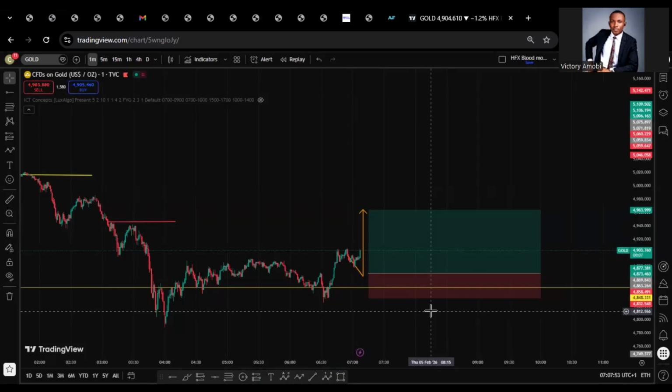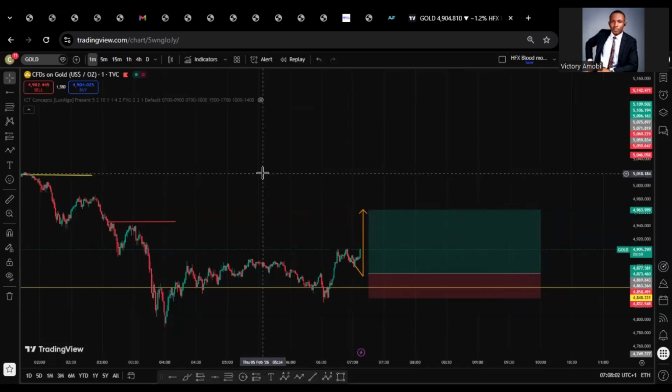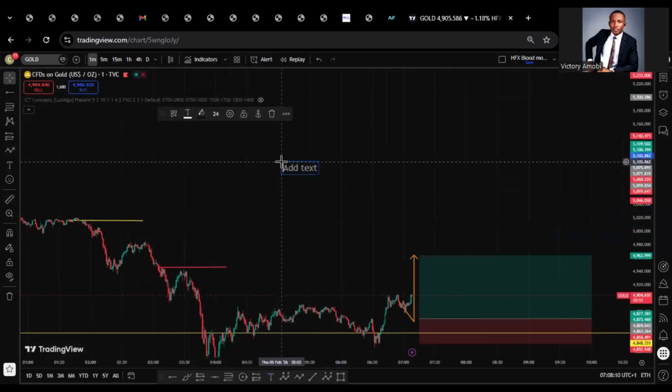Also, I believe I've shown you this. Now, when you have a healthy risk to reward, it's not about, see, in FX, there's nothing like 100% accuracy. It would be delusional of you.